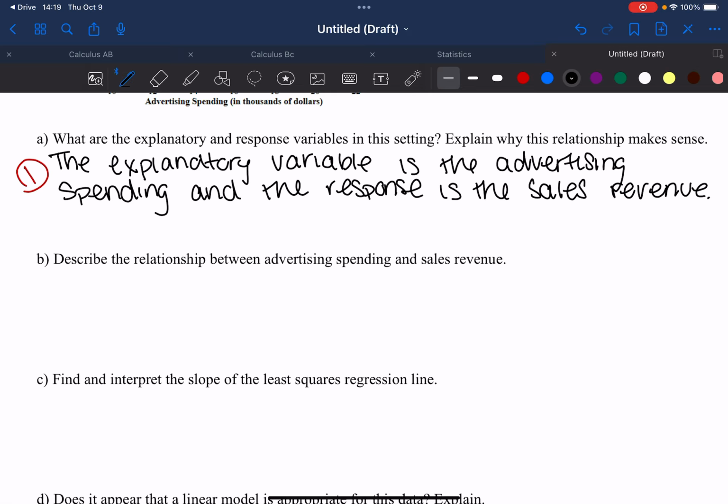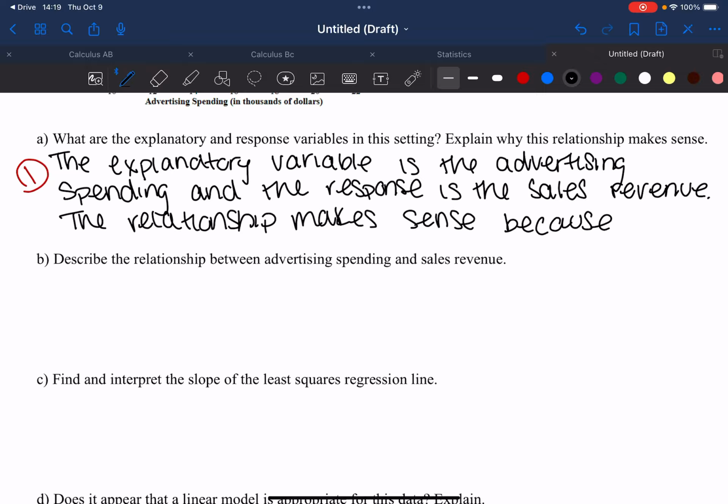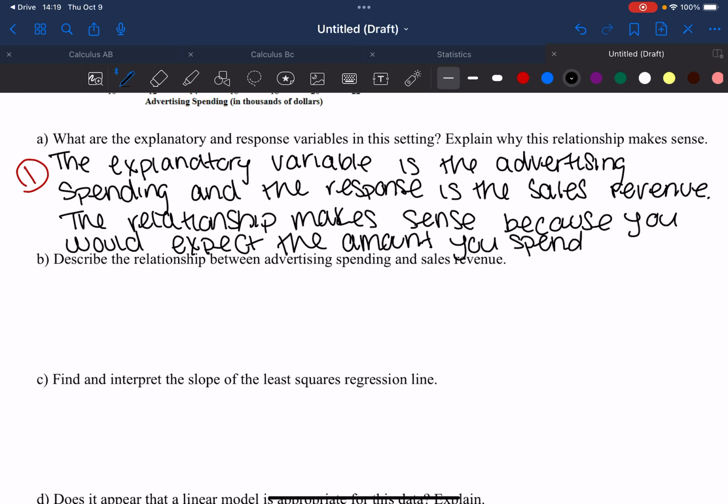The next question says, explain why this relationship makes sense. Well, it says the relationship makes sense because you would expect the amount you spend on advertising to have an impact on sales revenue.